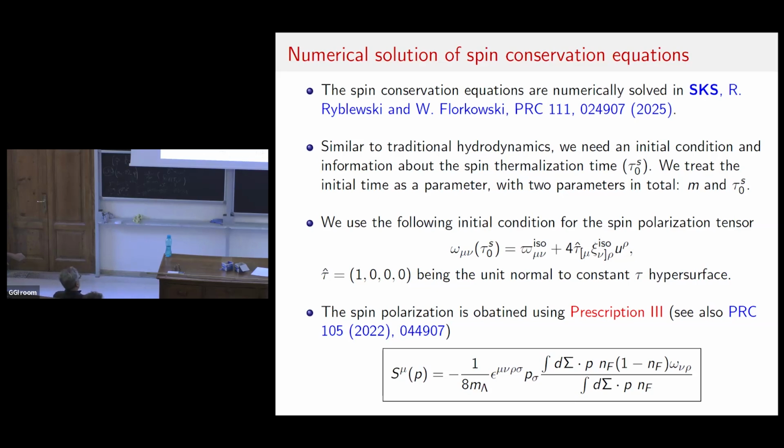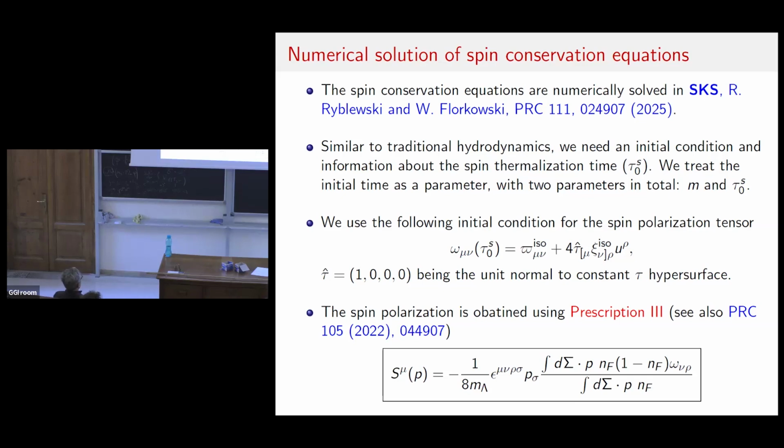For the initial condition, we use this prescription, which is motivated by the equilibrium approaches. The first part is the isothermal part of thermal vorticity, and this is the isothermal part of thermal shear. What I mean by isothermal part is that I simply ignore the gradient contribution to thermal vorticity. And this tau is a unit vector normal to the constant tau hypersurface, because we want to initialize our spin hydro on a constant time hypersurface.